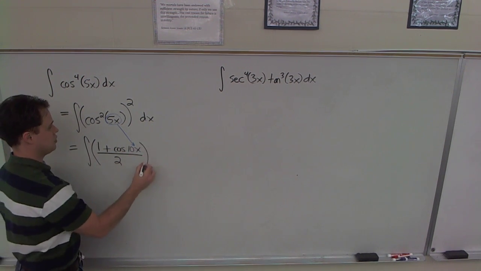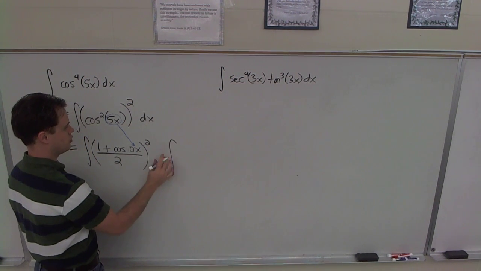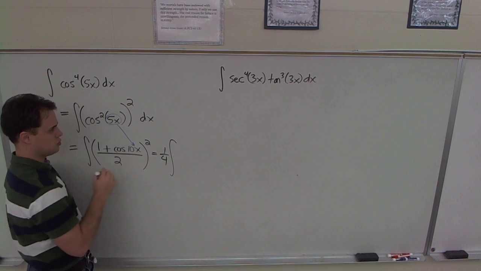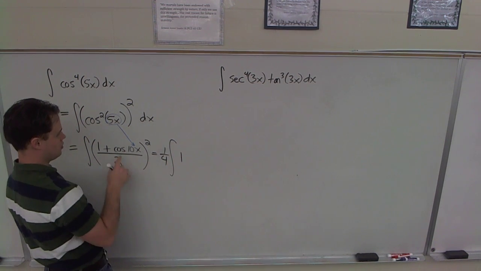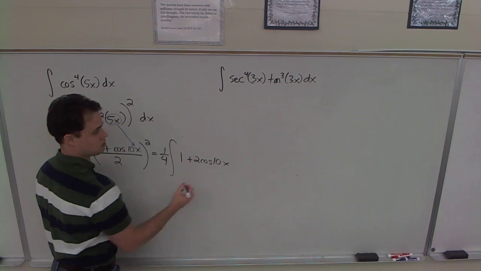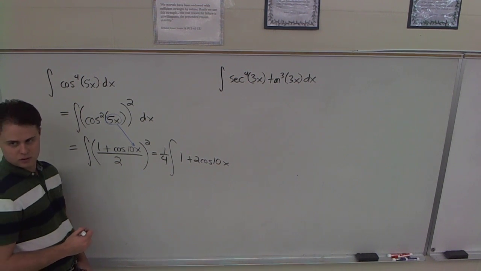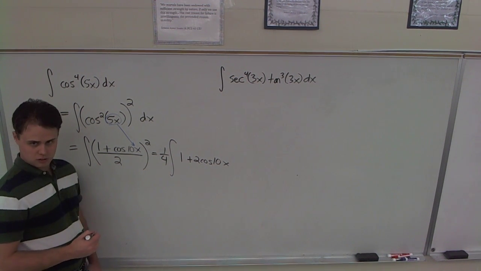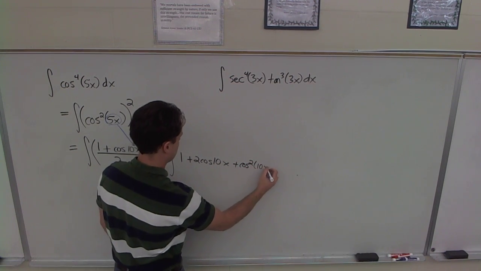And now we have this whole thing squared, so that's going to be equal to 1/4. If I pull the 2 on the bottom out and square this, that's 1 plus 2 cosine of 10x plus cosine squared of 10x.